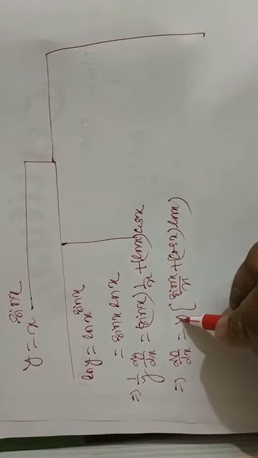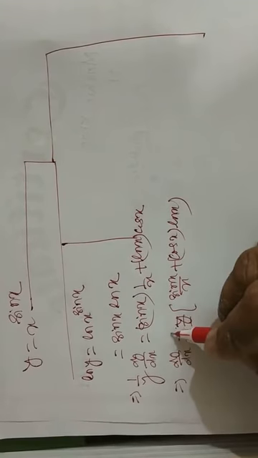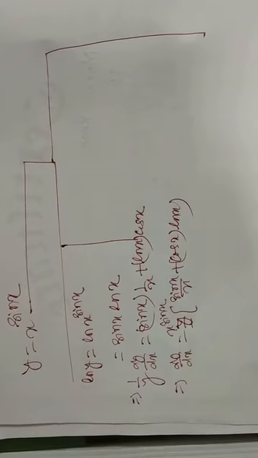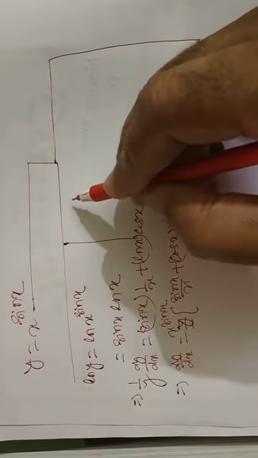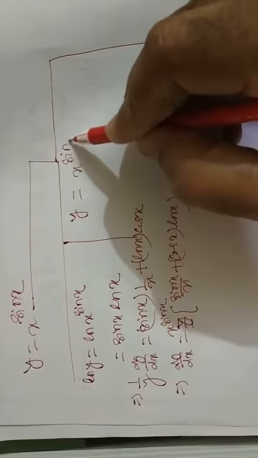What is that y? The value of y I shall write as x to the power sin x. My work is over. Method 2: I write y is x to the power sin x.